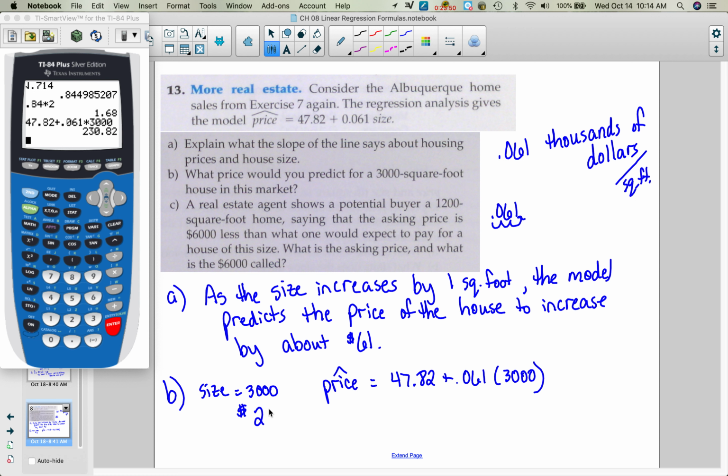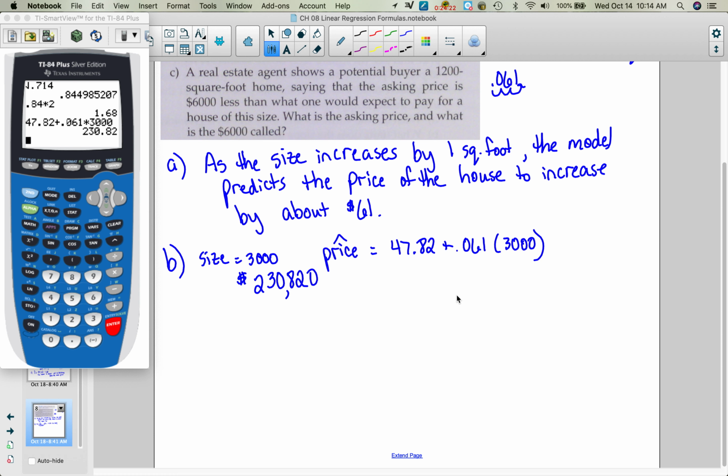Remember this is thousands of dollars. If you said $230.82, you are not using much common sense or number sense, because obviously a house is not going to cost that. So you need to make sure that's in thousands of dollars. If we move the decimal point 3 places, then we would have what that cost would be.